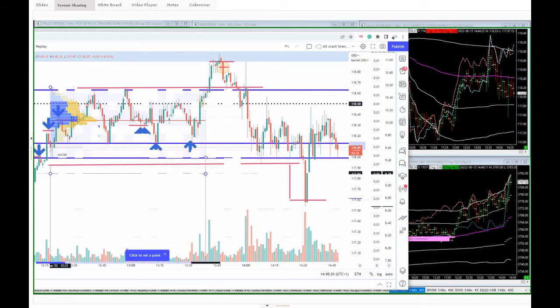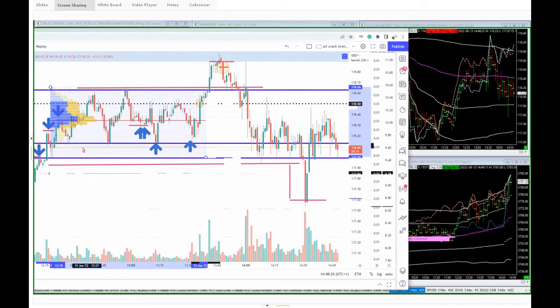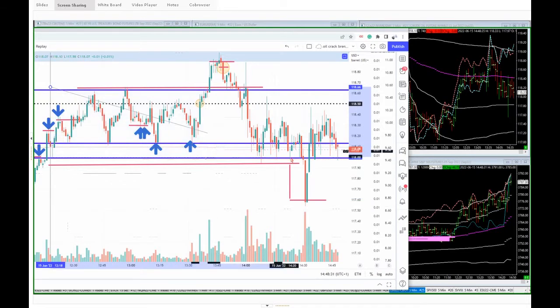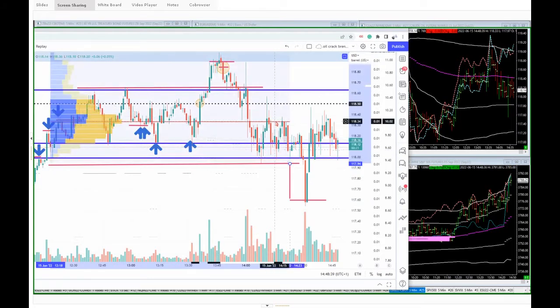you can see it is almost a perfect normal distribution here, isn't it? It's almost perfect. So when we see that normal perfect distribution, obviously it developed out a little bit lower down at this stage here. So if you think about the distribution from the POC to the high price here, you see that?